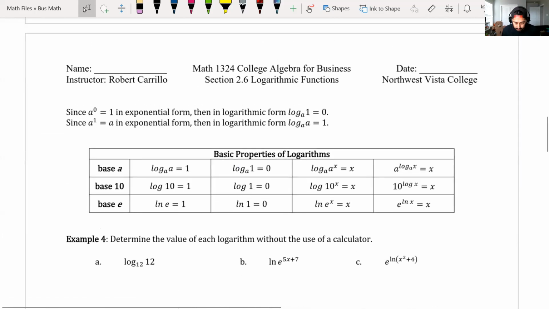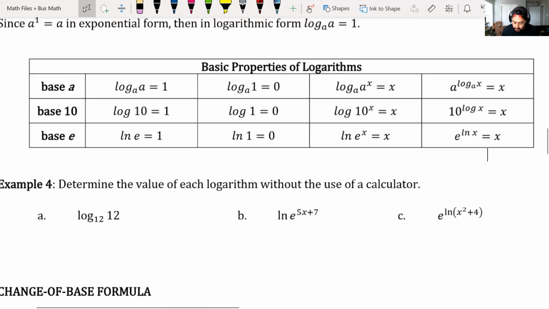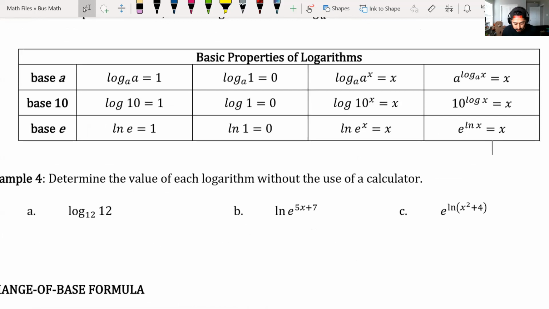So, from the above chart, let's go ahead and determine the value of these logs without the use of a calculator. We start with the first one, log base 12 of 12. Now, which column does this look like?